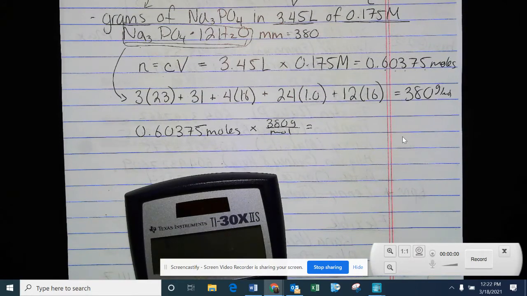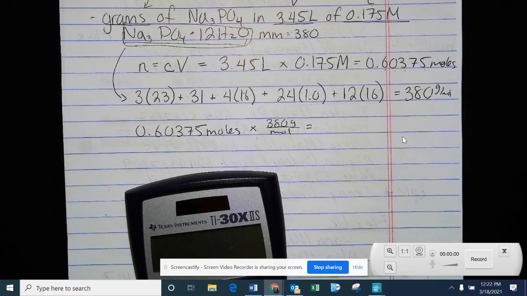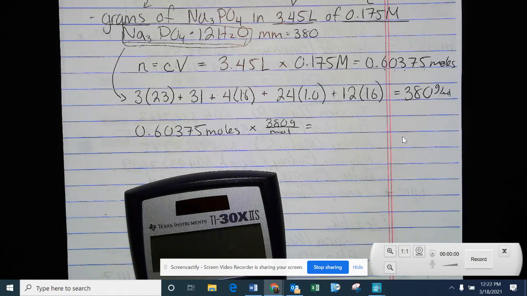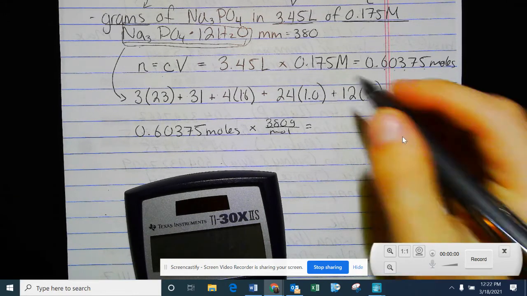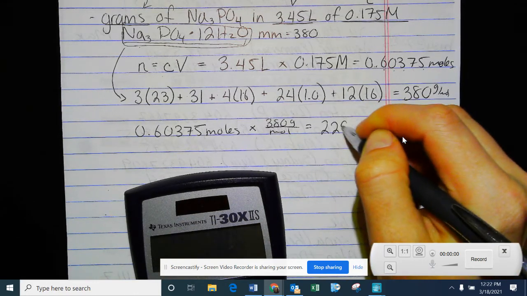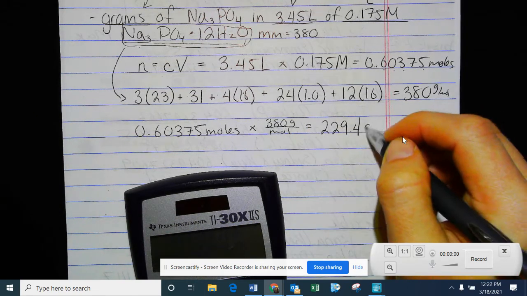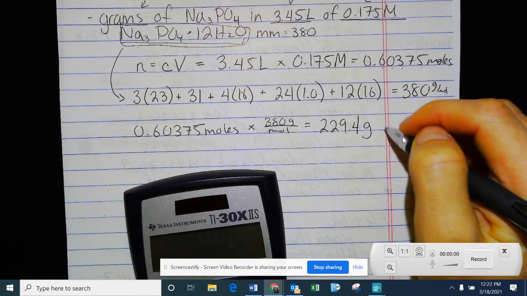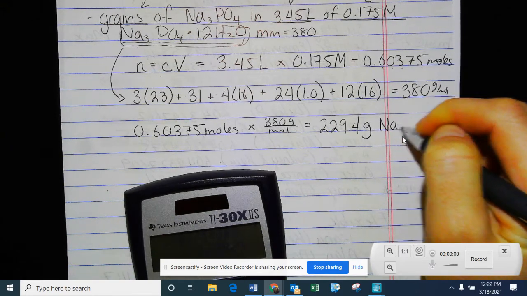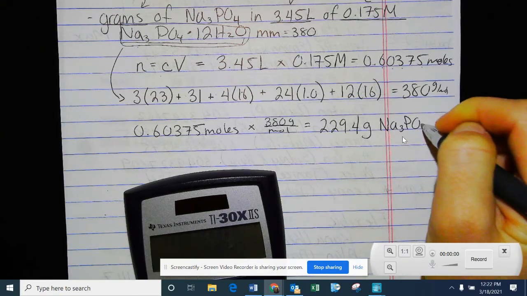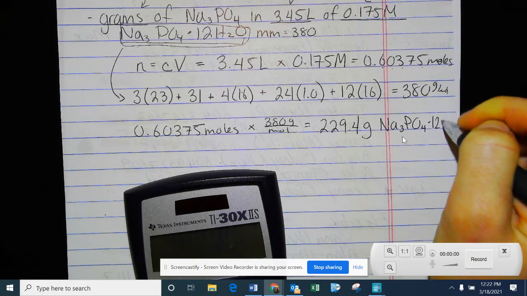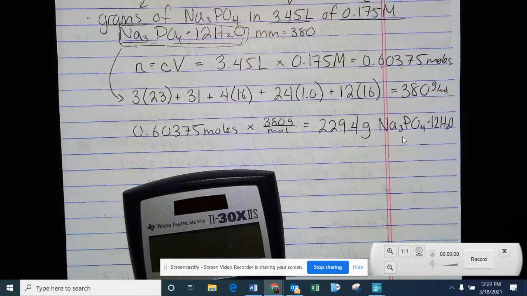And if I do that, I get 0.60375 times 380 equals 229.4. Okay, and that is now in grams of Na3PO4 12H2O.